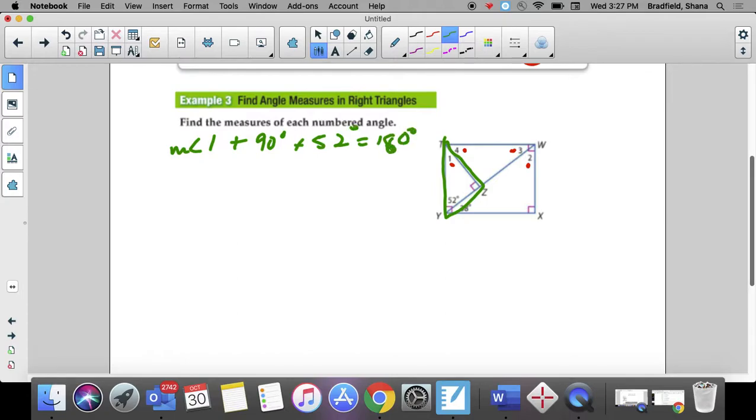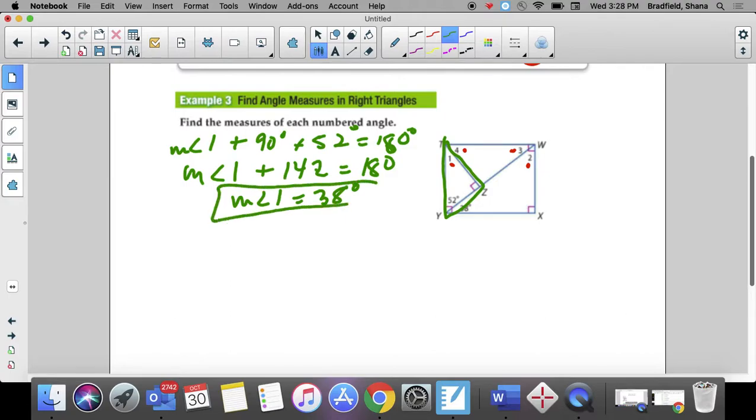That's the triangle angle sum theorem. And so we can add those together, and I get 142. When we subtract 142 from 180, I get the measure of angle 1 is equal to 38 degrees. Okay, so this is 38 degrees.